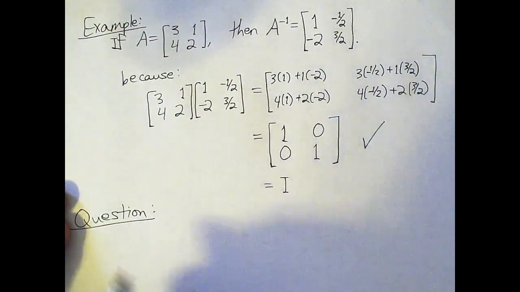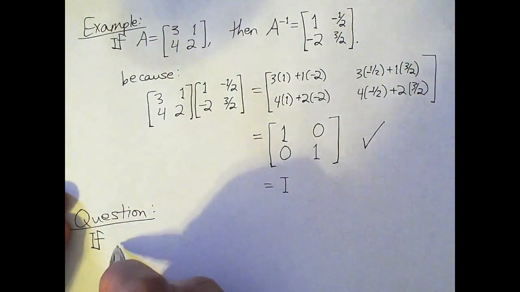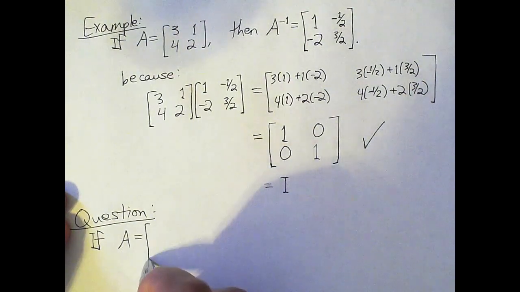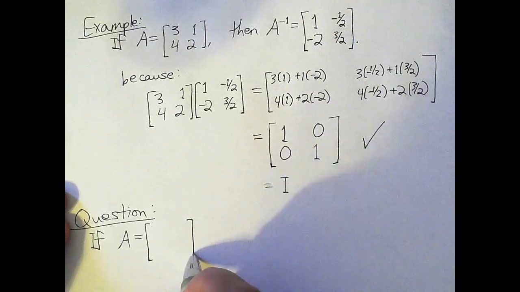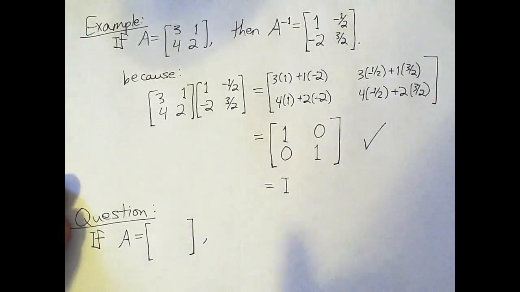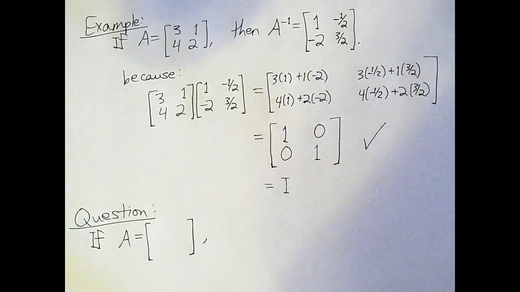So the question is, if A is a general 2 by 2 matrix, any 2 by 2 matrix, well, how do we write a general 2 by 2 matrix? I don't want to put numbers in there, right? So we put letters in there.